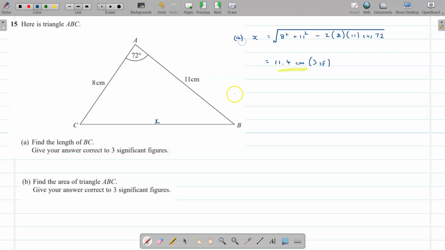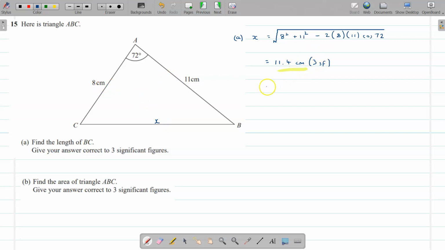For part B, we have to find the area of the triangle. Again, this is straightforward. You use a half ab sine C, where in this case C is X, and a and b are the sides next to the 8 and the 11.